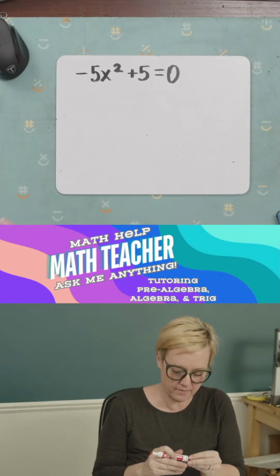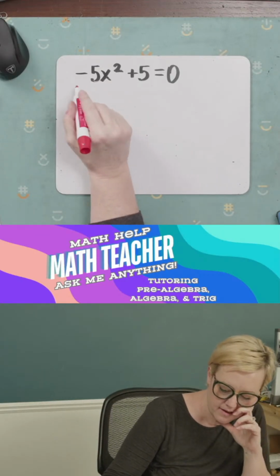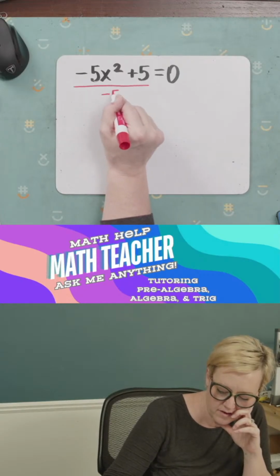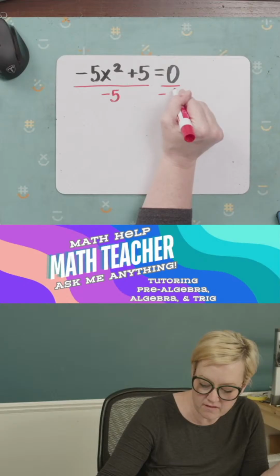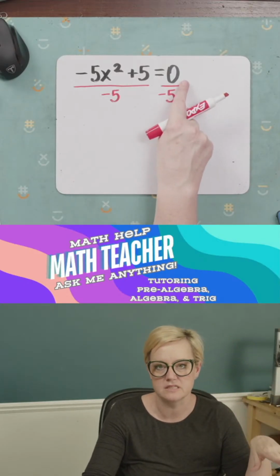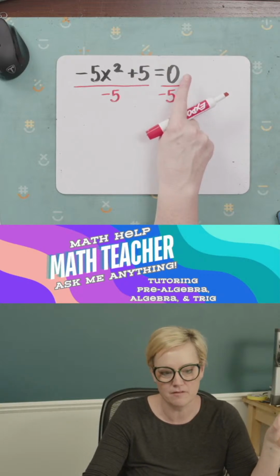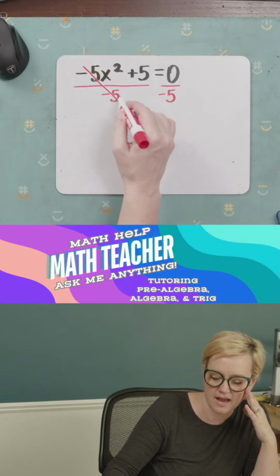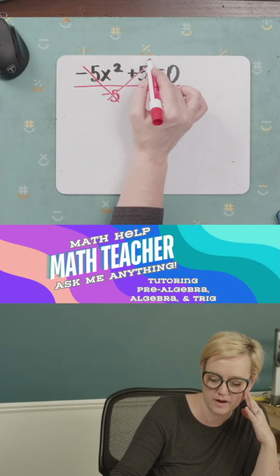All right, so when I'm looking at this one, I'm dividing it by -5. You can also think of it as factoring out that -5, but since it's set equal to 0, I can just divide both sides by -5 because 0 stays as 0. So this cancels out and this becomes a -1.